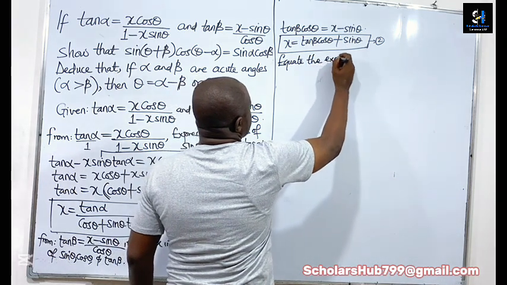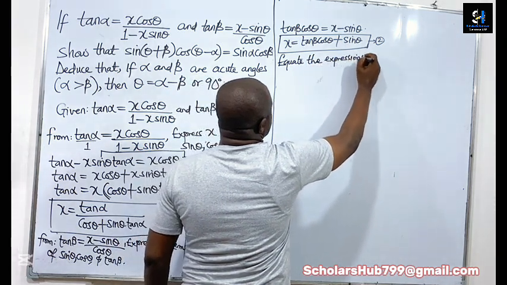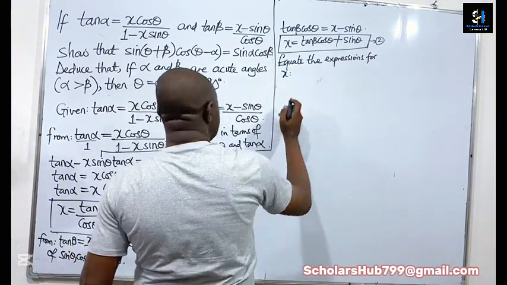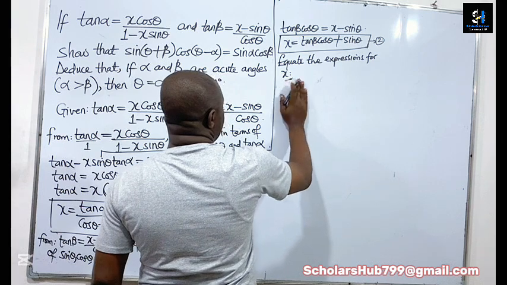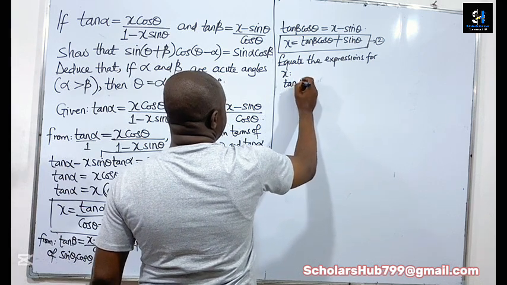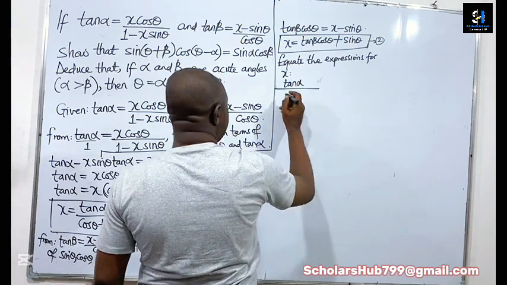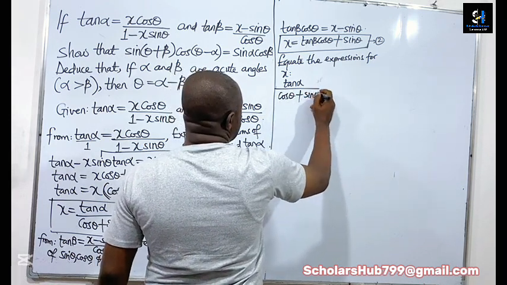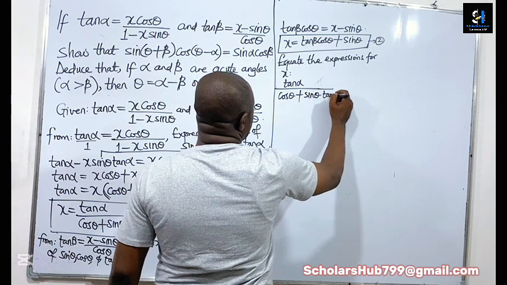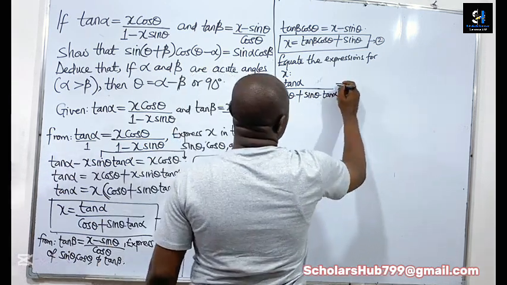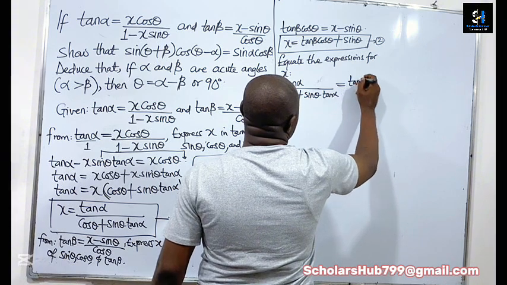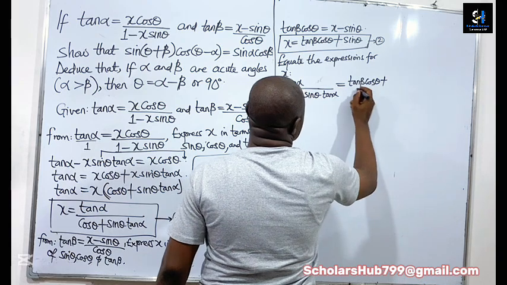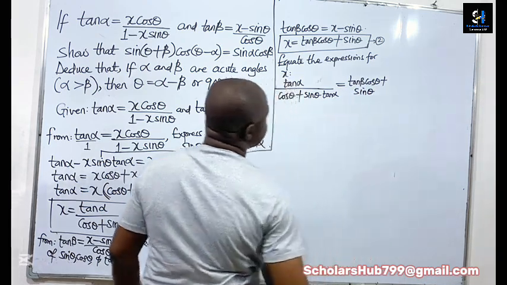The first expression is tan alpha over cos theta plus sin theta tan alpha, and that will be equal to tan beta cos theta plus sin theta.